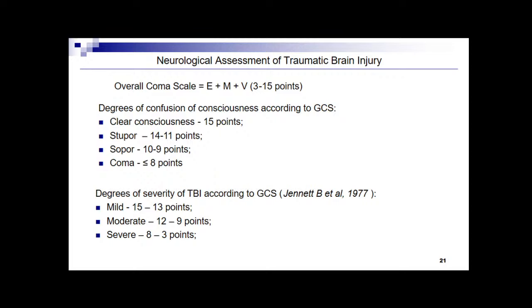And all the states of the patient with traumatic brain injury of various etiology can be divided into 3 groups: mild, moderate, and severe, depending on the points taken from the Glasgow Coma Scale.